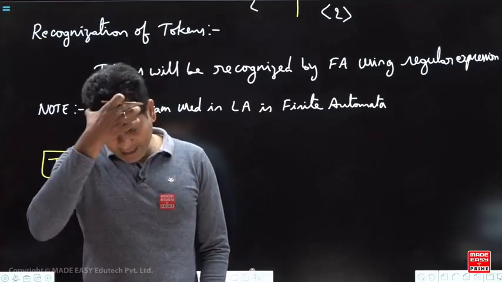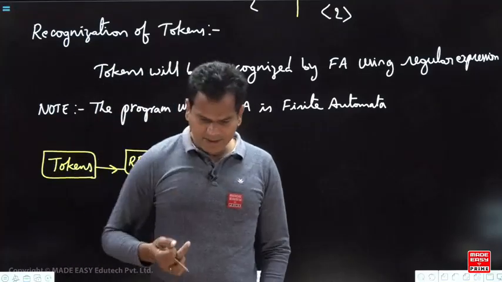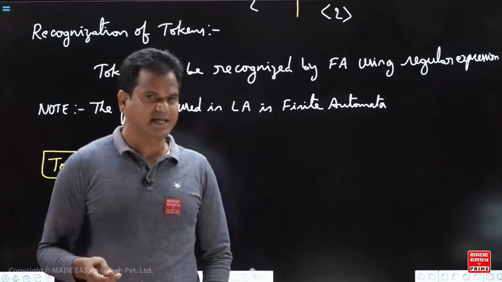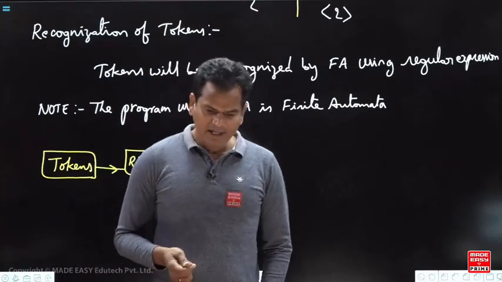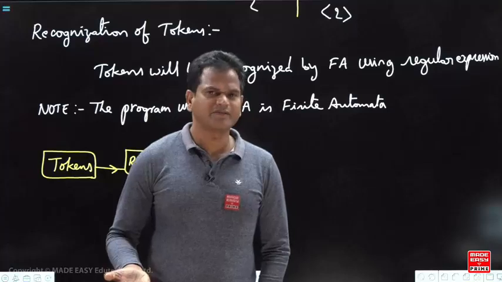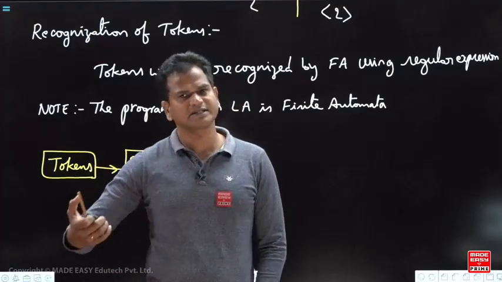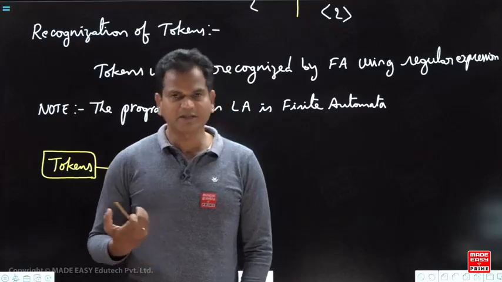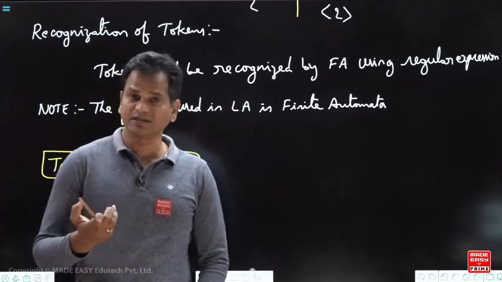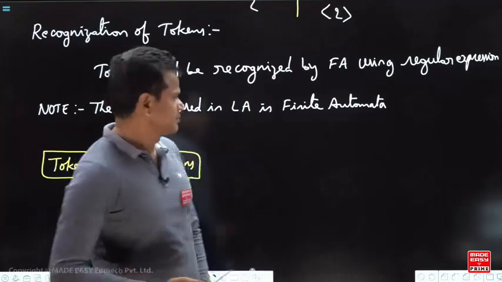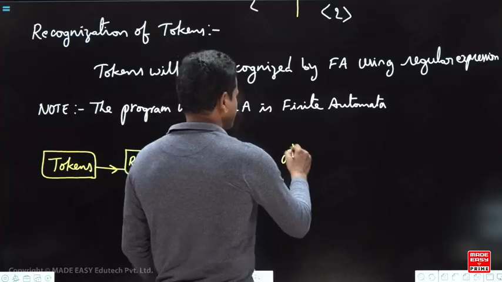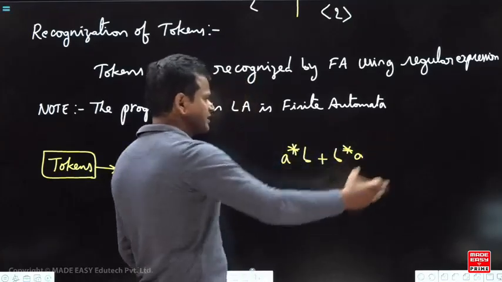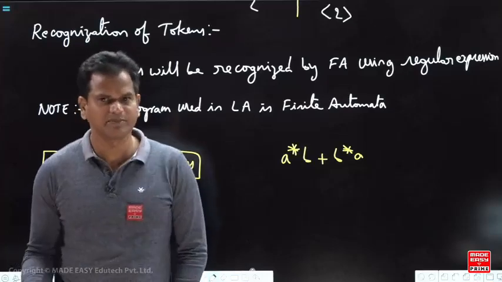For every regular expression, it is not possible to construct the minimized DFA directly. Sometimes we can consider DFA first, and from the DFA we can convert into minimized DFA. And even for some regular expressions, we cannot consider DFA directly. For example, A star plus B star, A star B plus B star A. So directly you cannot consider the DFA. Some of you may not.